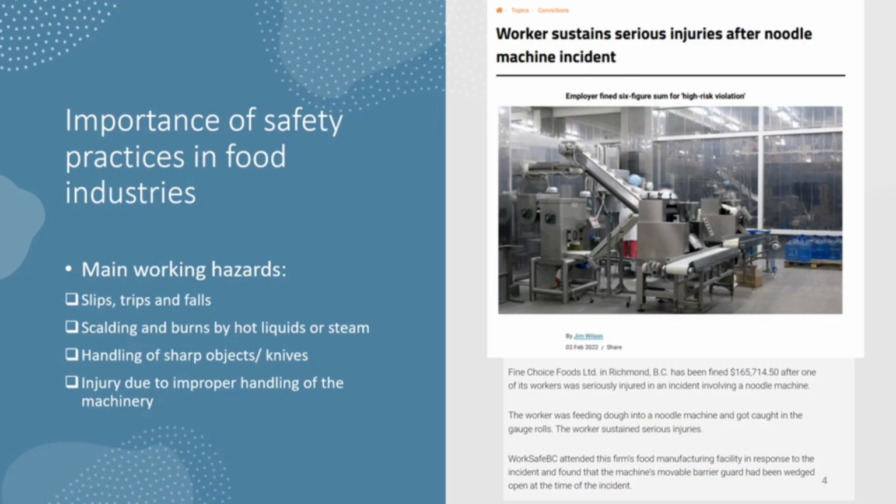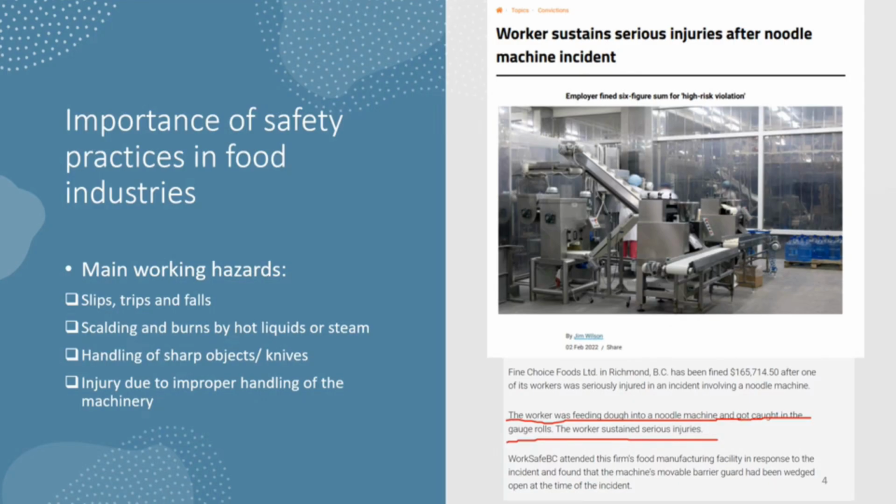So on the right hand side, this is the news from Canada in year 2022. So basically, one of the workers in this company was seriously injured in an accident involving a noodle machine. So the worker was feeding dough into a noodle machine and got caught in the gauge ropes and eventually sustained serious injuries.